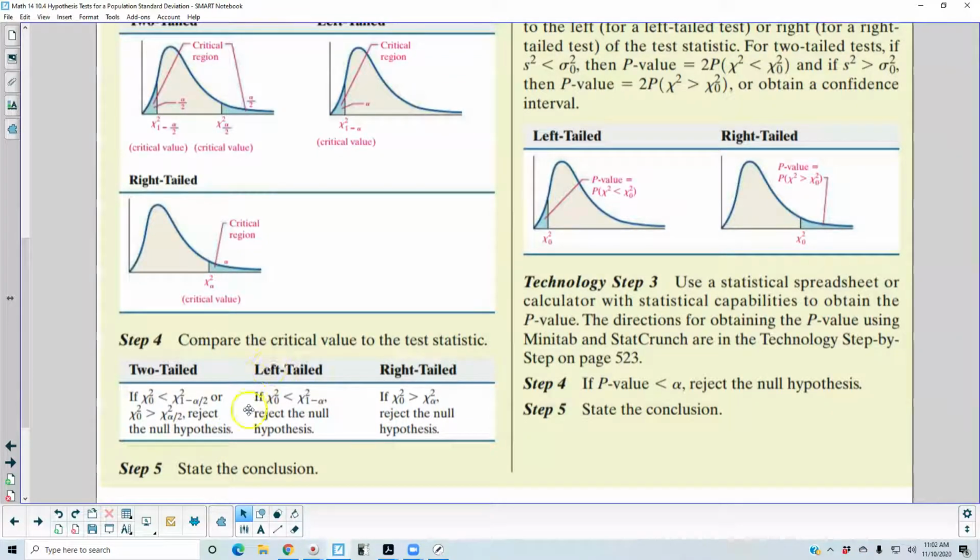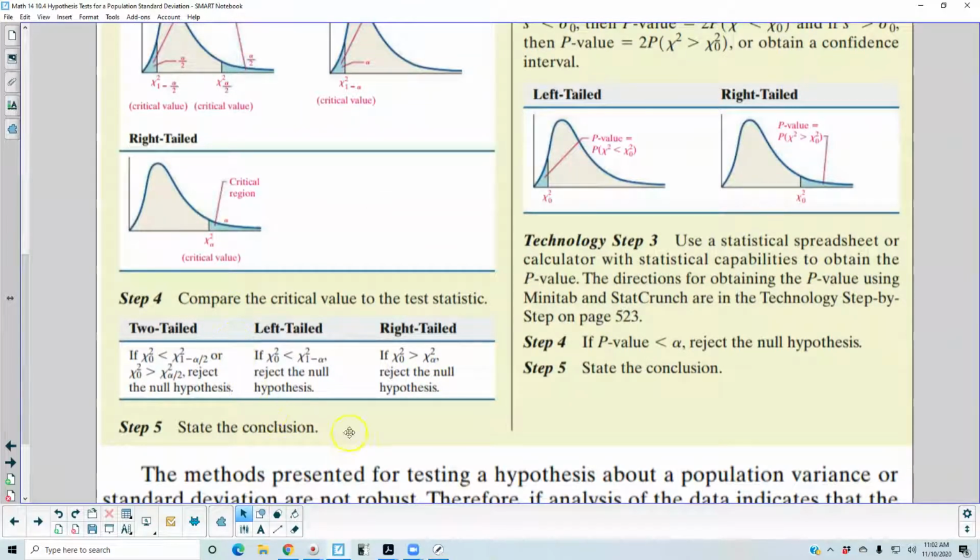Left-tailed, if the test statistic is less than the left critical value, then we're going to reject the null hypothesis. On the right tail, if the test statistic is greater than the critical value on the right, then we're going to reject the null hypothesis because it falls within the regions. And in step 5, then you're going to state the conclusion.